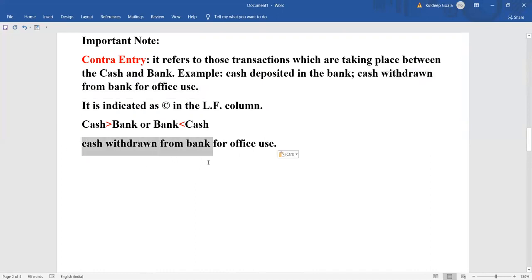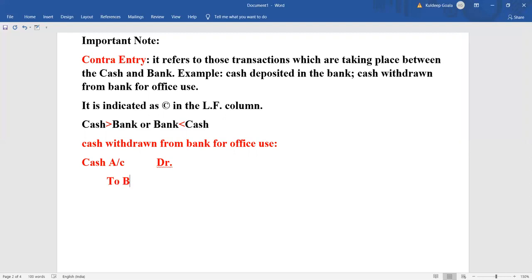So there are two situations. For both situations I will give you the transaction so that you can easily remember. First one, check withdrawn from bank for office use, isn't it? We withdrew money from the bank, so what will happen? Money will come to us. So cash account debit, because money is coming back to us. And from where did it go?